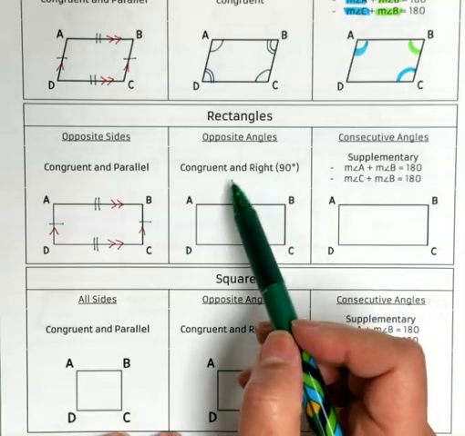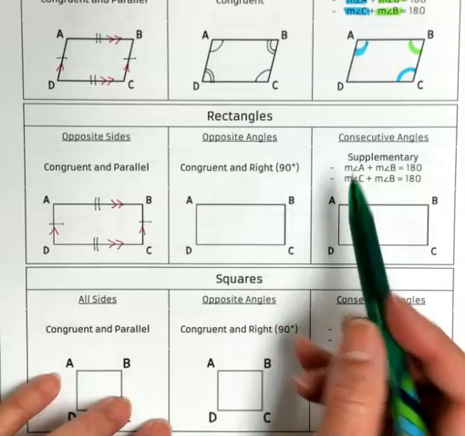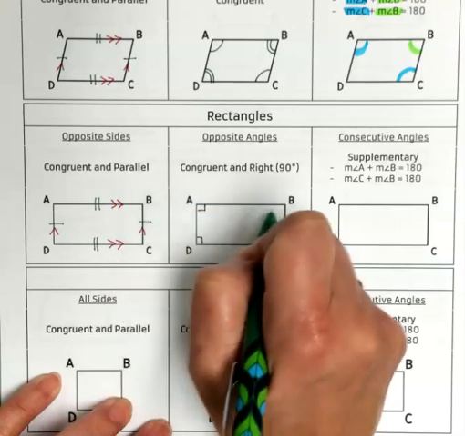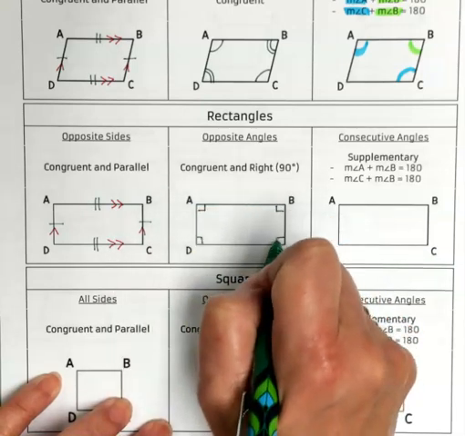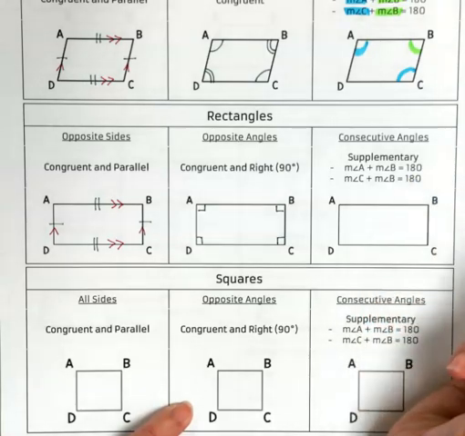Your opposite angles are congruent. However, in a rectangle, they are all right angles. And just like your parallelograms, your consecutive angles are supplementary. They're all 90 degrees.